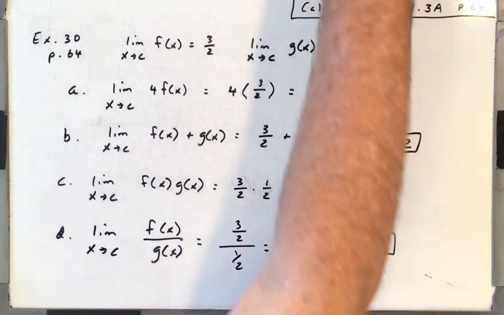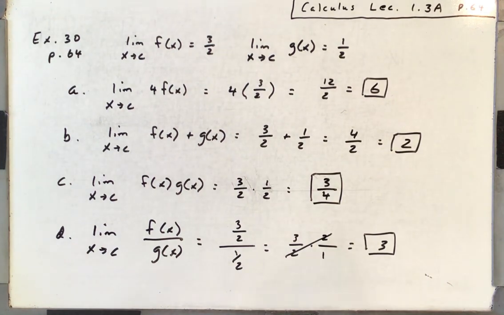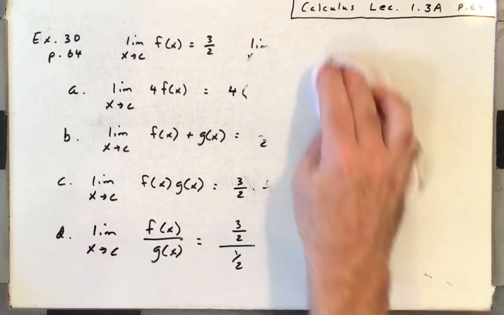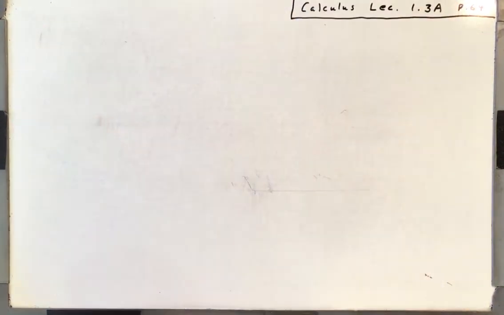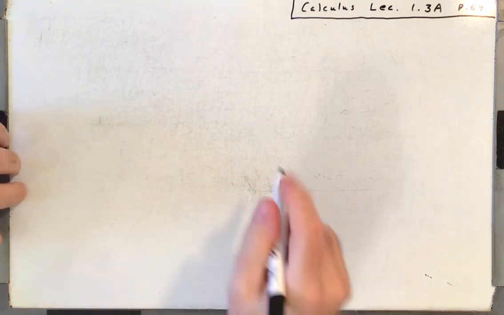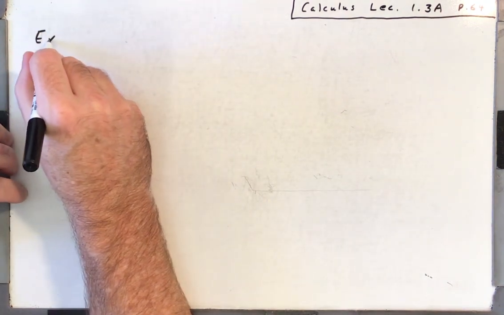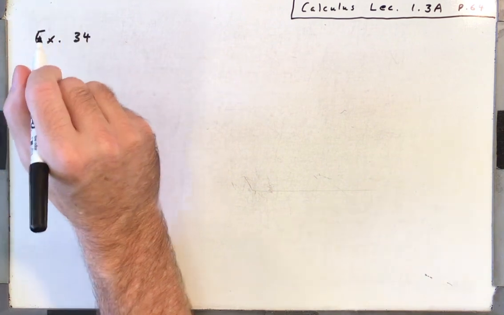All right. So let's do one more example, and this lesson will be complete. Our last example is number 34. So that one has 2 parts. The first part, we're going to read the graph.